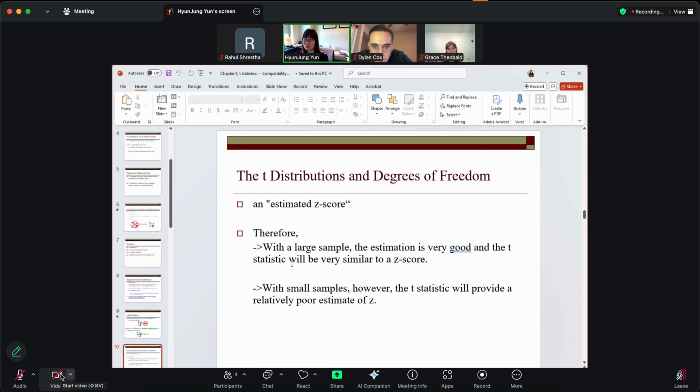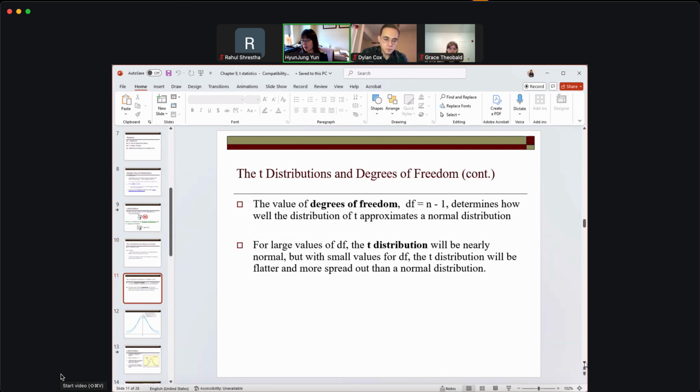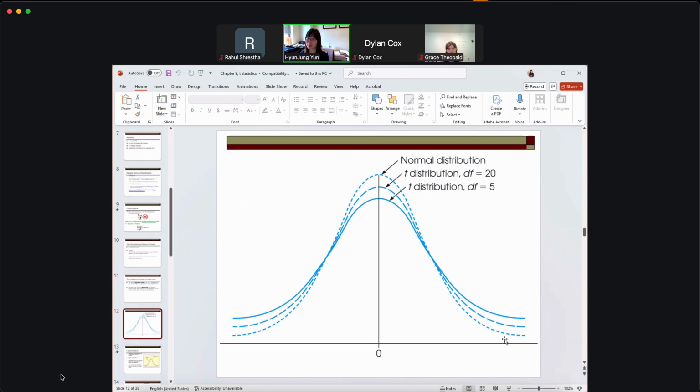Okay, but still, with a small sample size, the z and t tables are quite different. That is why you can say it's an estimated z-score. And for the t distribution, let me come back to this after we see this graph. Actually, this is from the textbook.